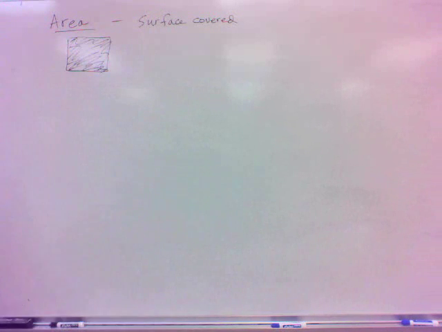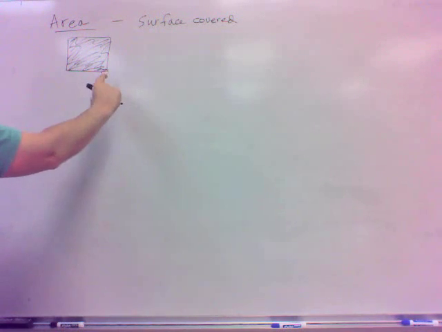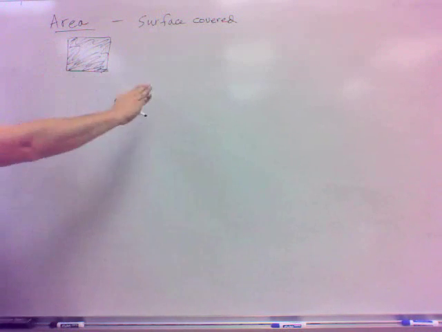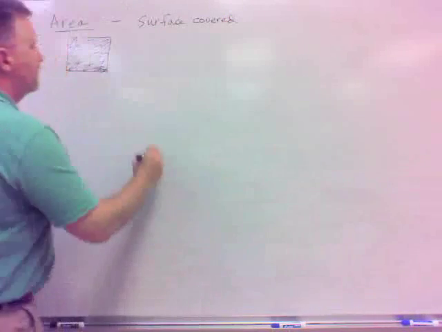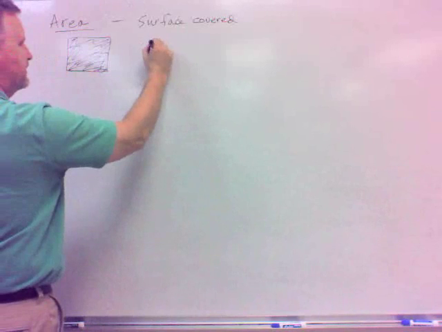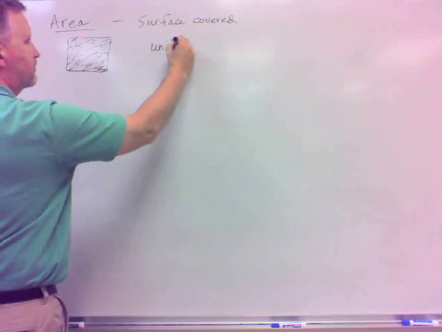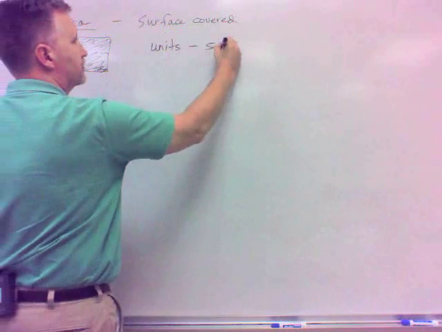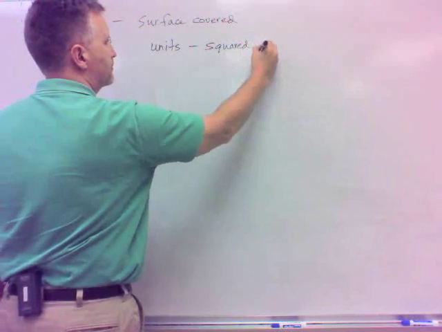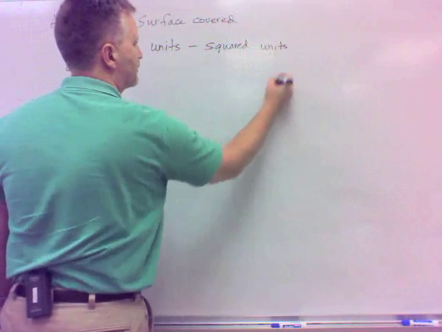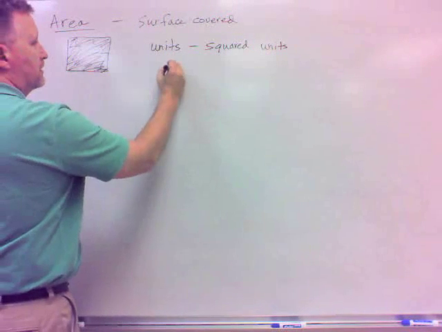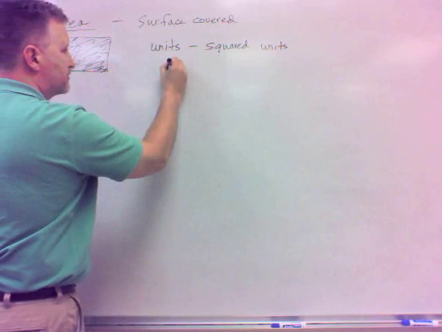Okay? Well, for that reason, we're covering something. We can't just use an inch, because an inch just measures how long that is. It doesn't cover anything. To cover something, units-wise, you need square units. Here's what I mean.